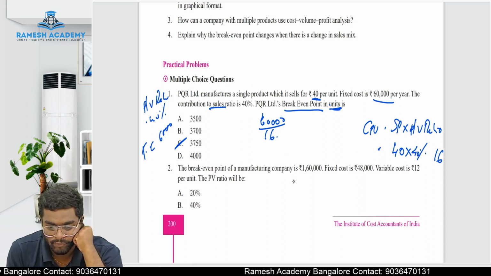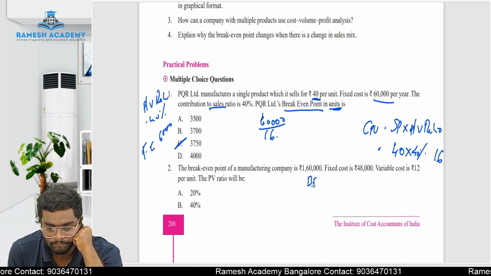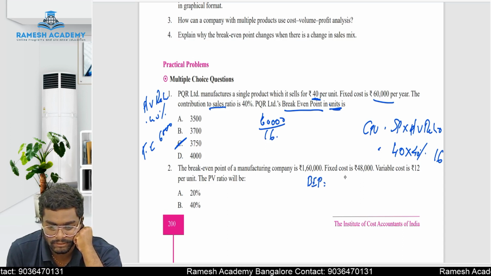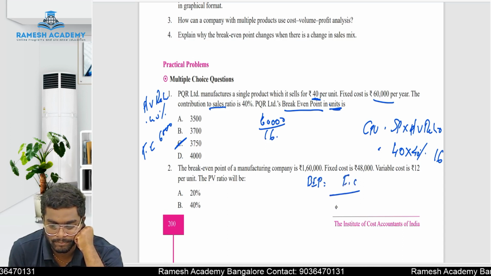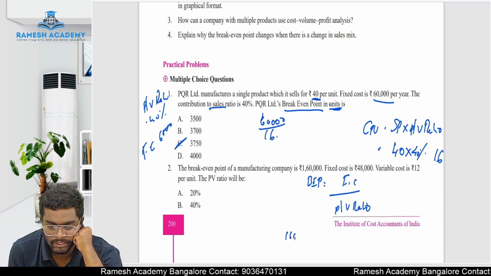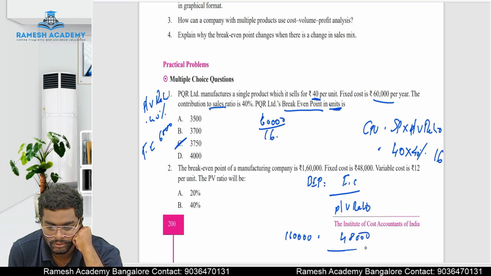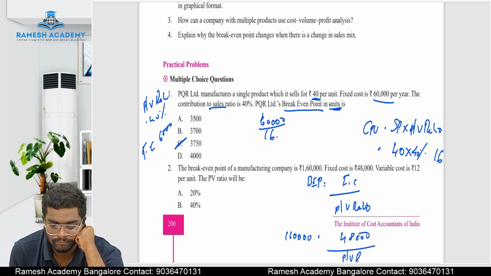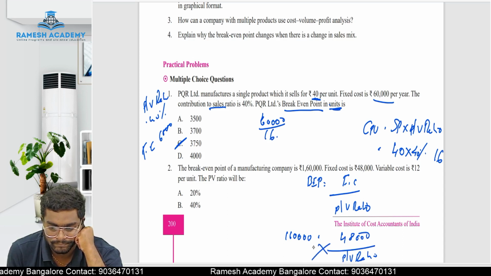So the formula for BEP is fixed cost by PV ratio. Here we have BEP 1,60,000. We have fixed cost which is 48,000, but we don't have the PV ratio. So cross multiply.